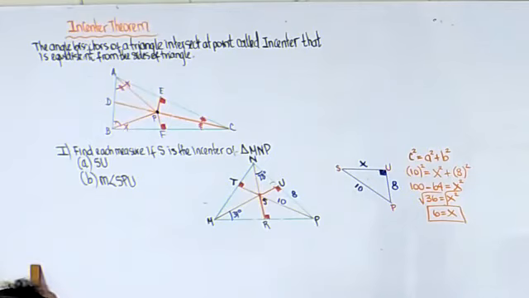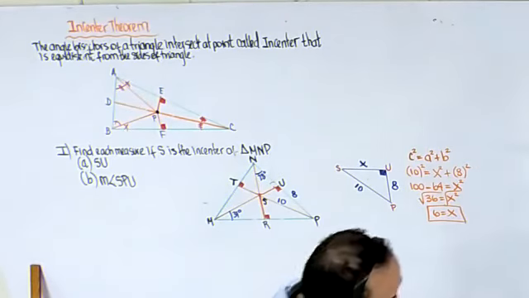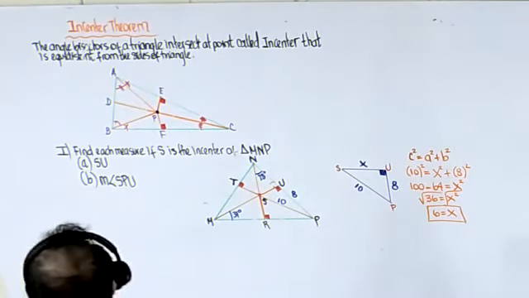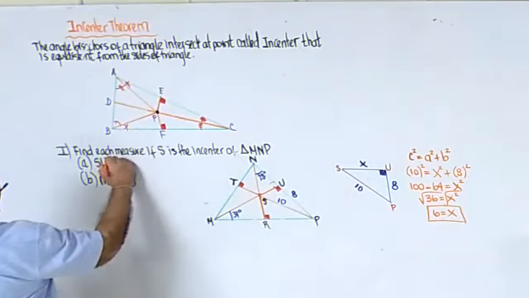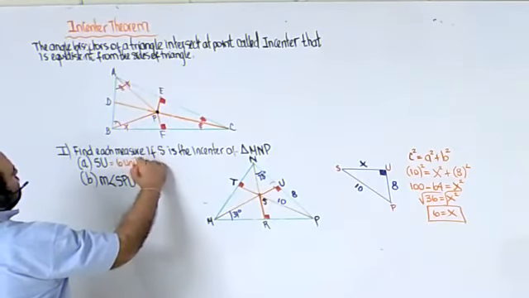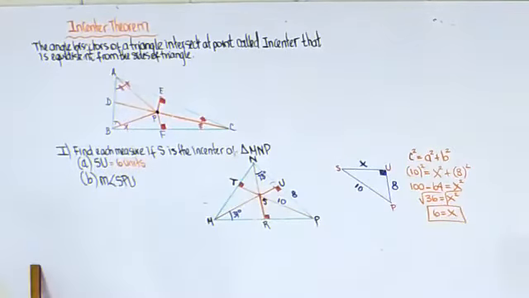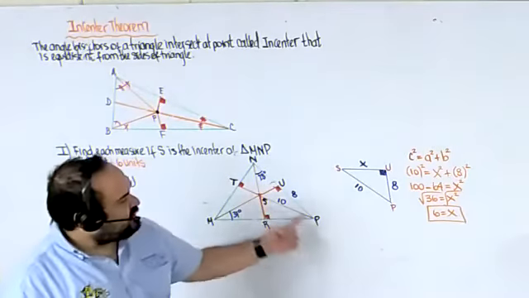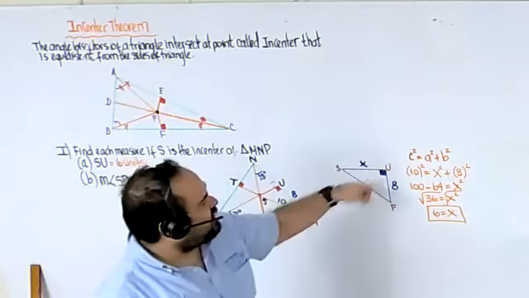The first answer. Remember, what will be the measure of SU? All right, we're going to say this is going to be 6 units. All right. How about the second one? We have to try looking for what will be the measure of the angle SPU.